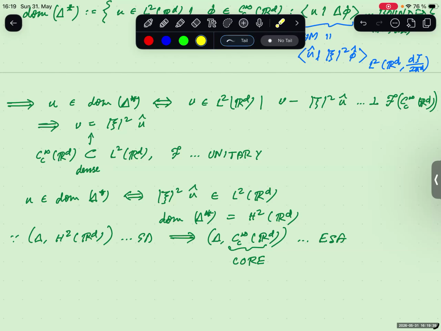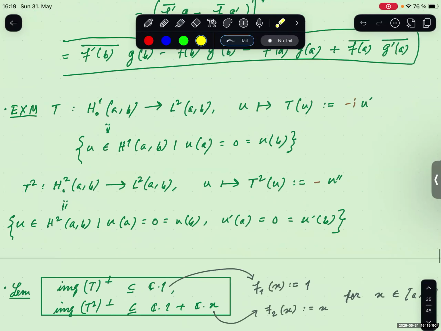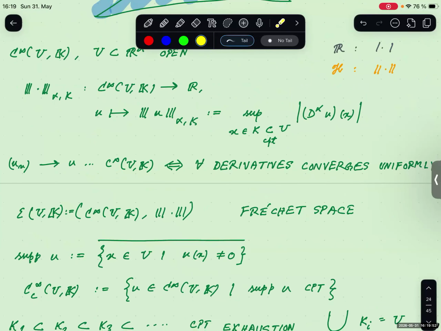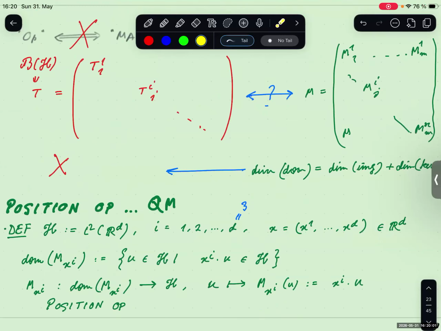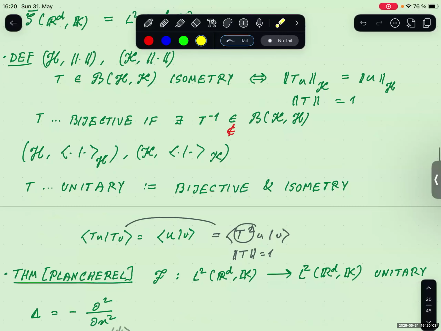Unitarity means there exists a unitary operator so that you can write the Fourier transform. We discussed it earlier. In general, unitary means there exists a unitary operator U, so you can write A equals U B U inverse. So where is the Fourier transform?